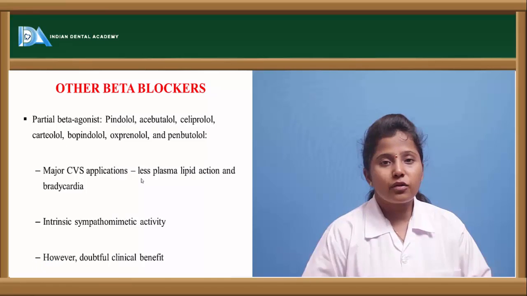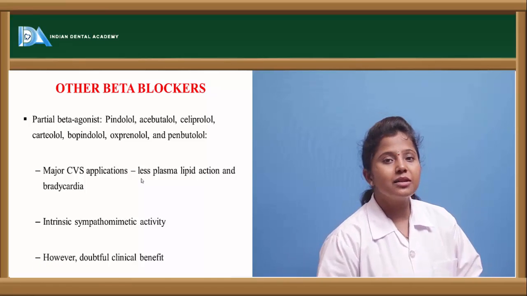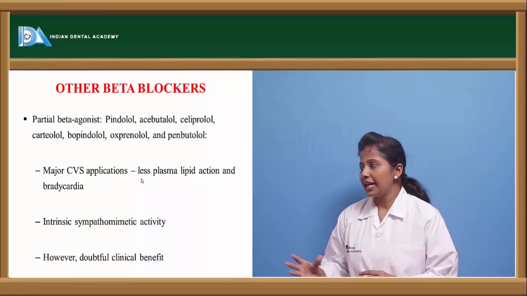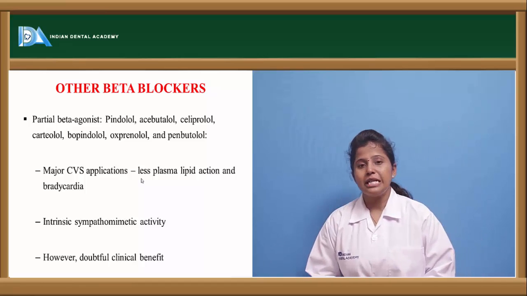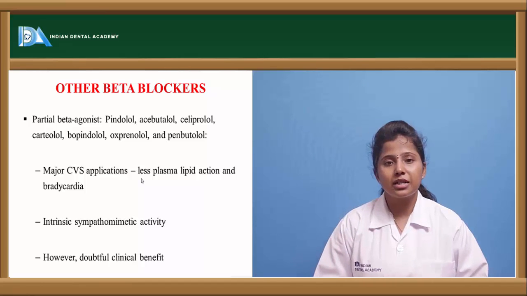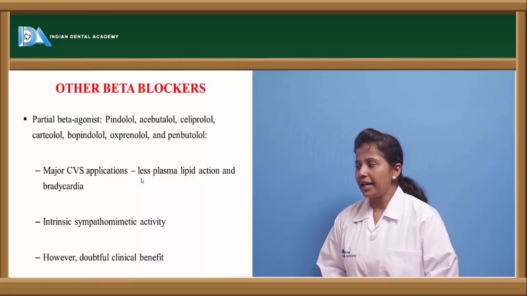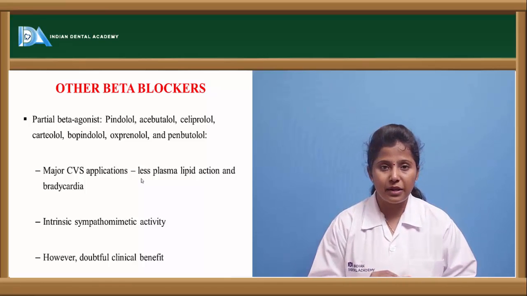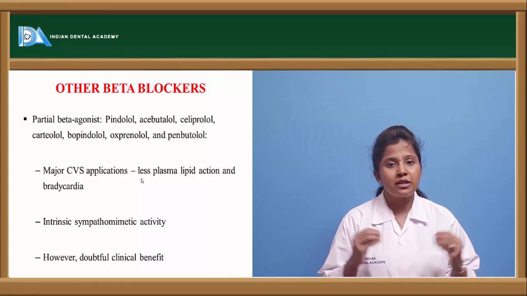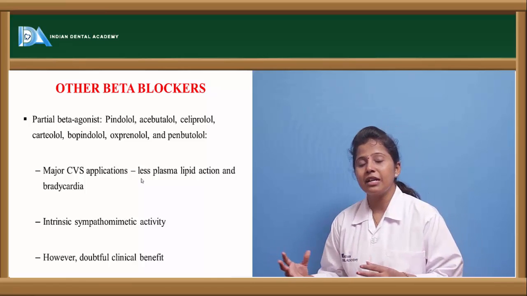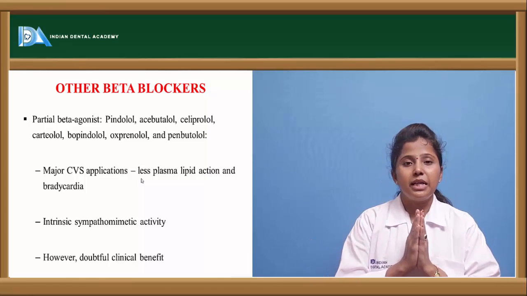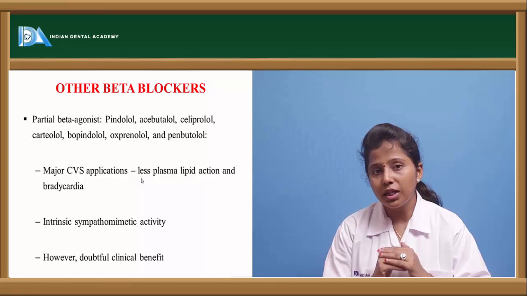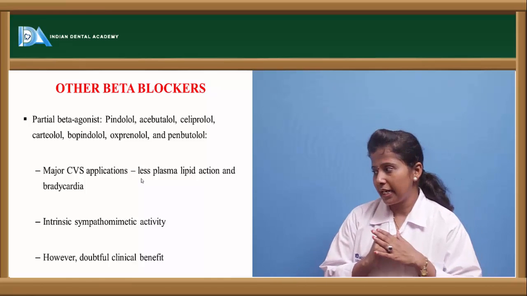Apart from these drugs, there are various other beta blockers also, like carteolol, bopindolol, oxprenolol and penbutolol. These are a few of the other beta receptor antagonists, and they have very few clinical applications. Most of them have applications in the cardiovascular system, to lower lipid levels as well as to produce bradycardia.